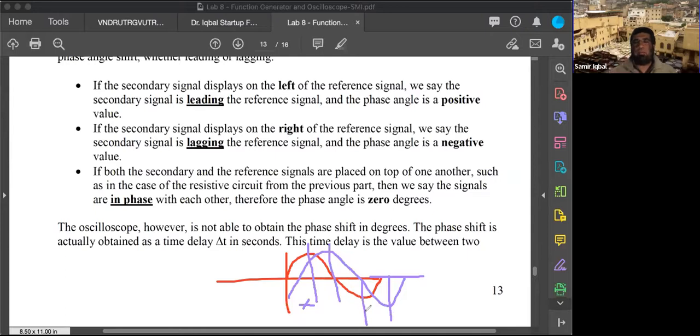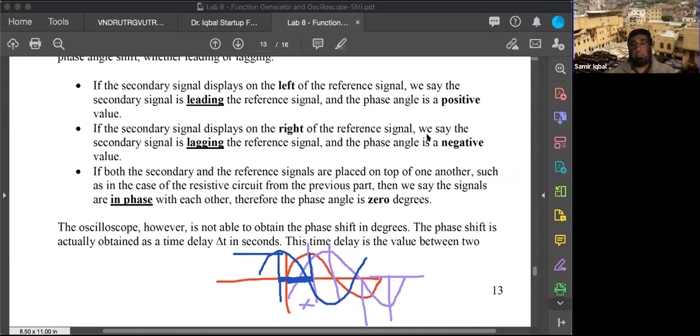What does it mean to have a phase angle? It might have been a signal like this, which would have gone out of phase, which is now lagging. So this is input, this is output. In this case, the difference would be how many degrees between here? Everybody sees what I'm doing here?